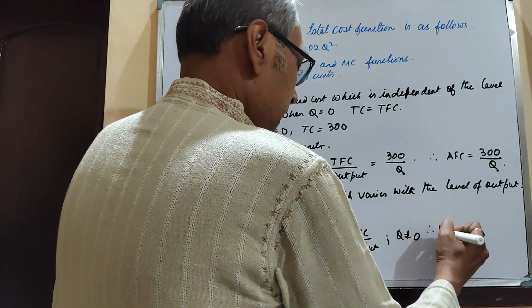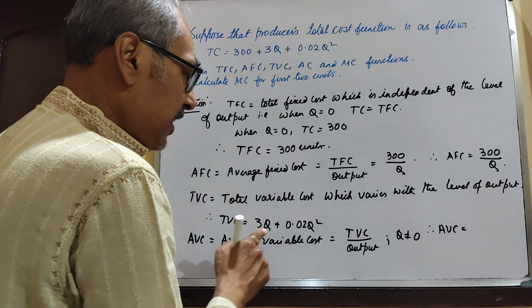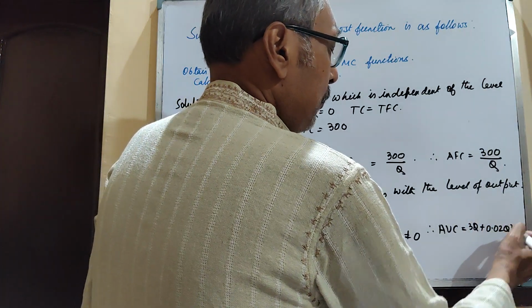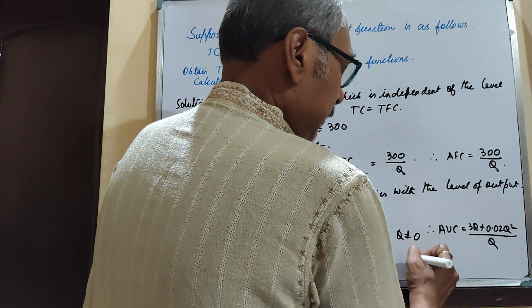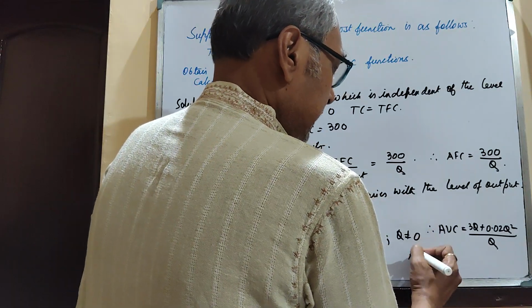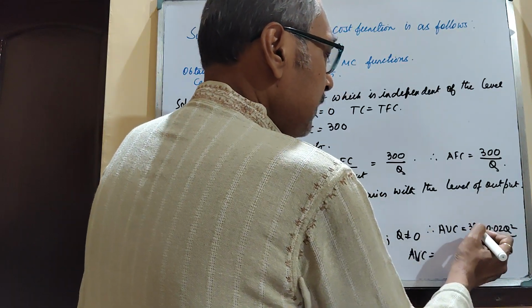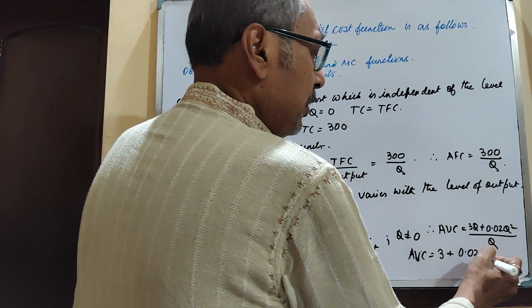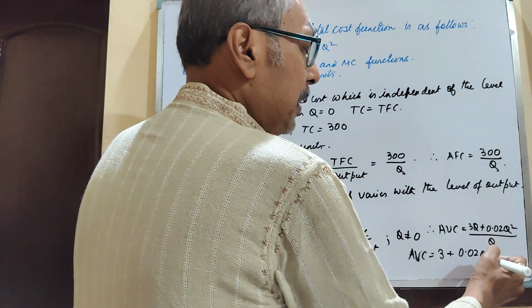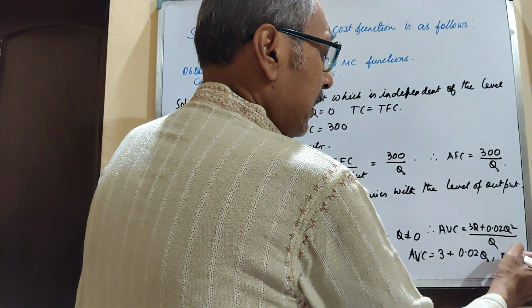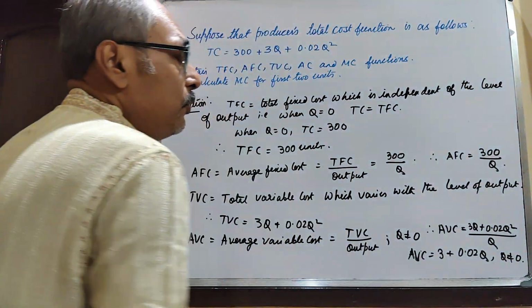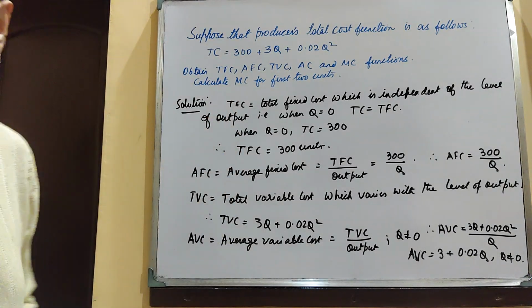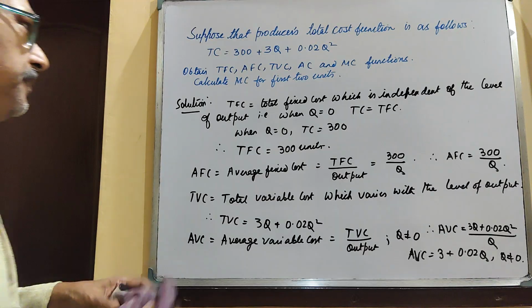Therefore, AVC equals 3Q plus 0.02Q squared divided by Q. Hence AVC equals 3Q by Q, which is 3, plus 0.02Q, because Q squared by Q becomes Q, where Q is not equal to 0. This is AVC.